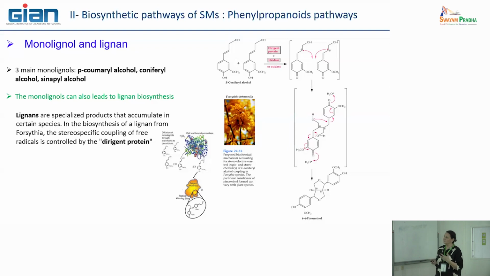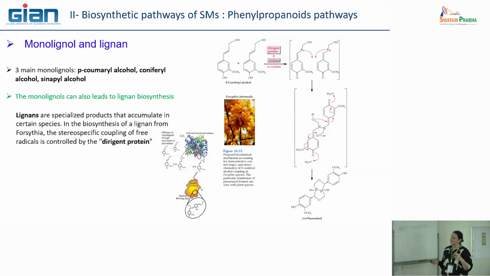It was quite interesting because it was the first time it was shown that there exist some intermediate proteins that are able to link a monolignol, which is one of the bricks for building a polymer, and orient this monolignol in a good way in order to help the enzyme have a good catalytic process to lead to lignan formation.